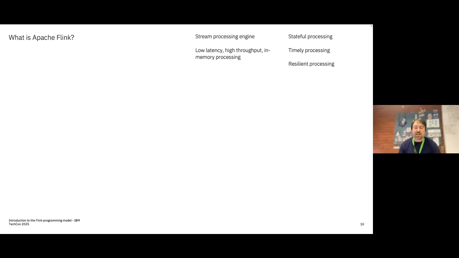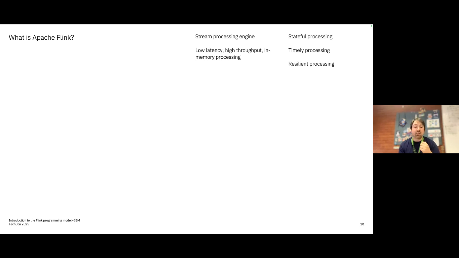There are many others out in the world, but Apache Flink has been created to offer essentially 4 main benefits. By its design, it's designed for low latency and high throughput stream processing, with the majority happening in memory.